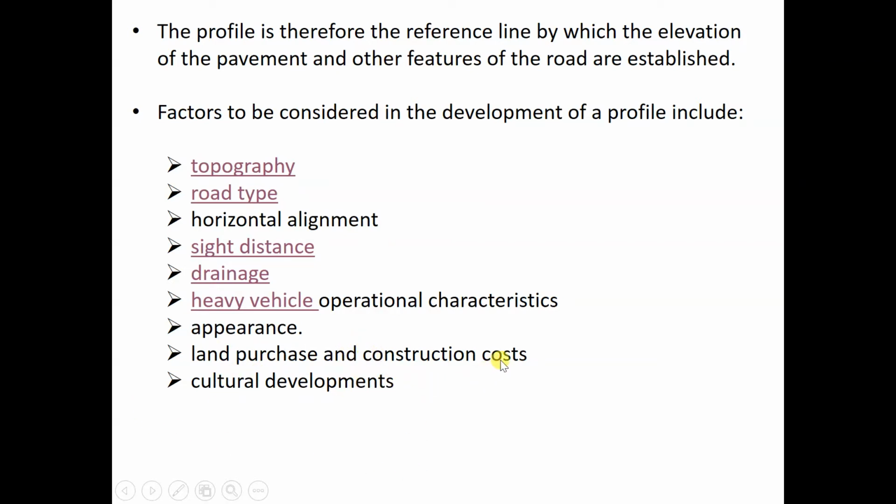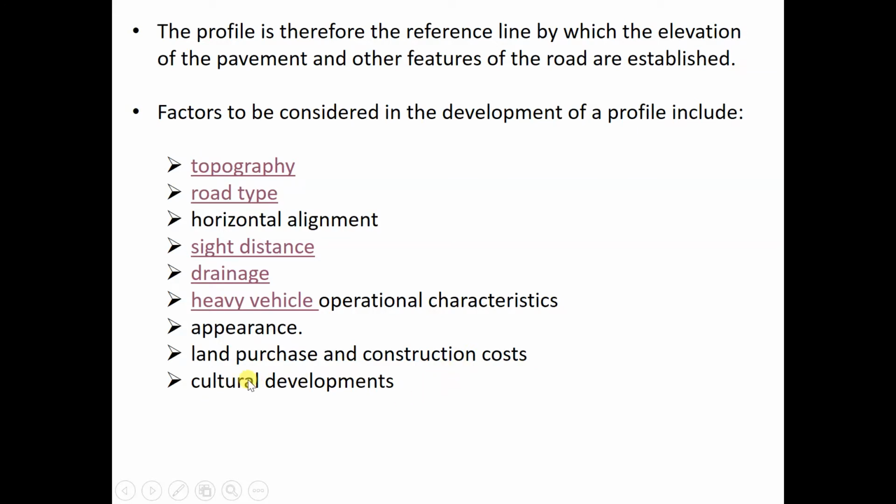Land purchase and construction costs. So this one is about the budget. We preferably don't want to have too steep a slope for vertical alignment, but it's limited by the construction cost. If you have too much cut, it's going to cost a lot for the earthwork.